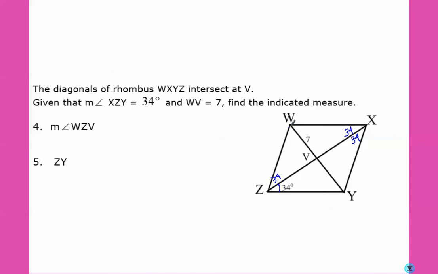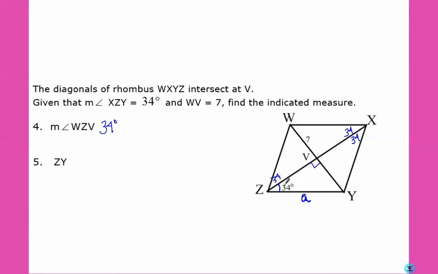So have we found WZV? That's that one right there. That one's 34 degrees. Now what about ZY? This one over here. I'm going to label it side A. We know that the diagonals of a rhombus meet at a right angle.